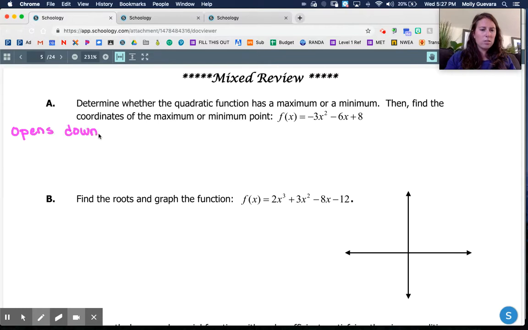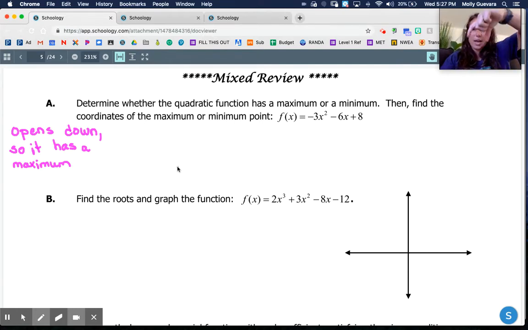So since it opens down, it has a maximum. So there's the first part. I found that it's a maximum, because if it's opening down, then the maximum is up top.